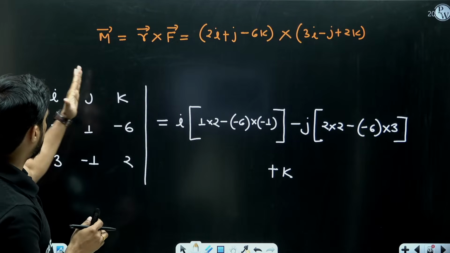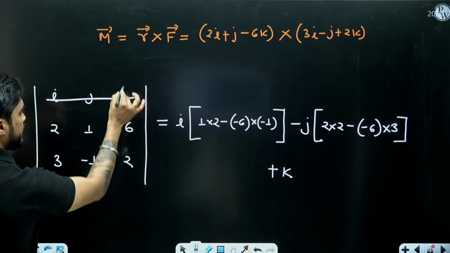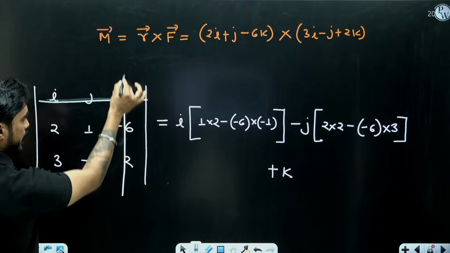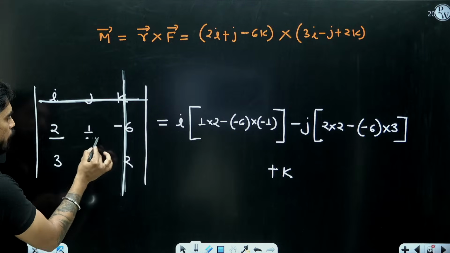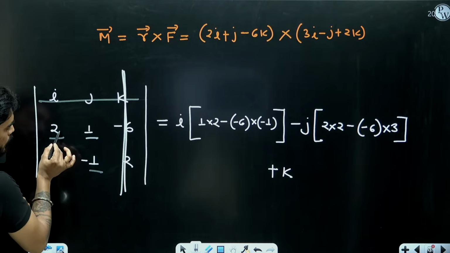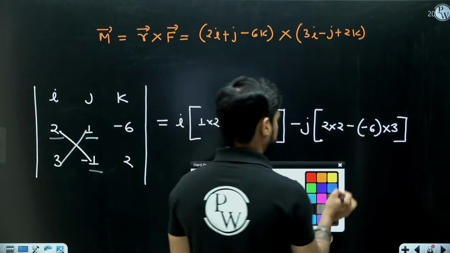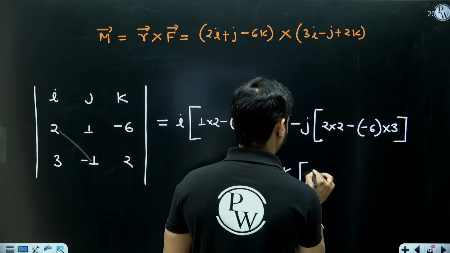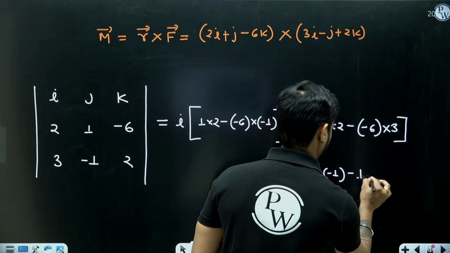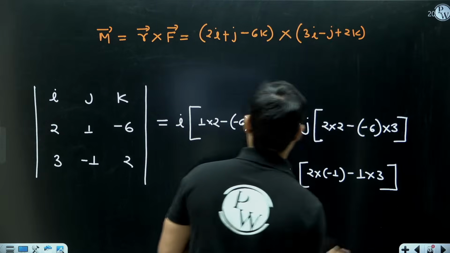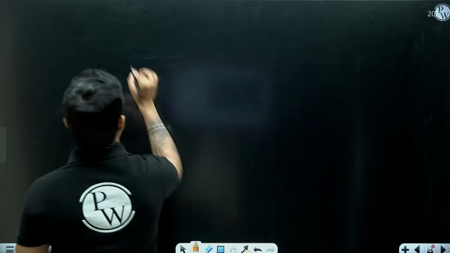i minus j plus k. Now this time hide this and this. What do you have? 2, 1, 3, minus 1. So 2 into minus 1, minus 1 into 3. So what do you have now? What will be the M vector?